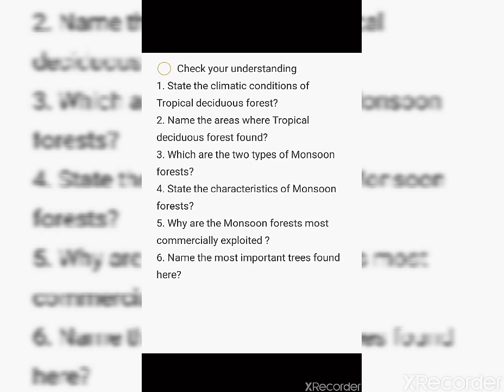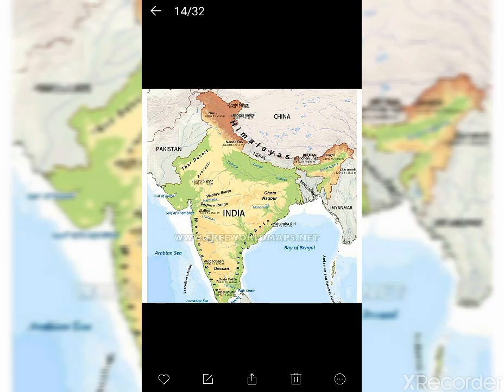So in this year, we have to study only the names of the trees. In previous years we studied the uses of the trees also. Now it is exempted from the syllabus. So learn and try to find these answers.